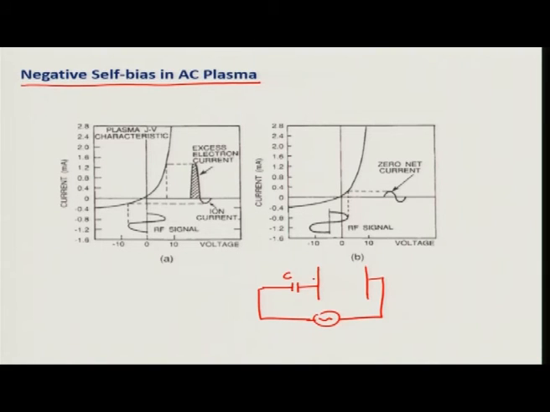No current flow from this. However, the current flow can happen to this plate. Now, once we do that, this electrode, let me take another color, is self negative biased.